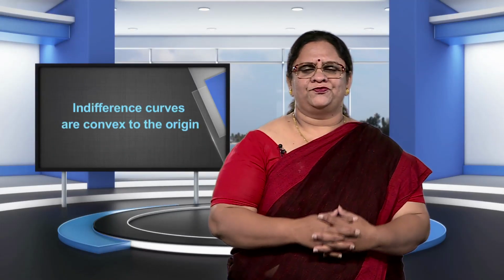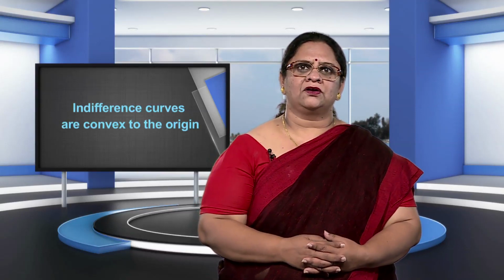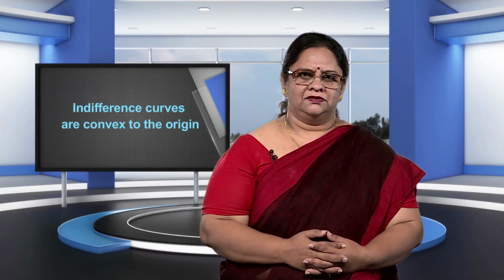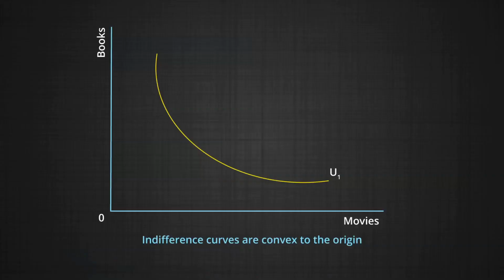The third feature of indifference curves is that indifference curves are convex to the origin. Now, this is a little less obvious. Consider the indifference curve on your screen. At point A, I am consuming 5 movies and 16 books.